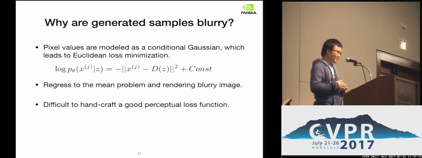Also, this Euclidean loss has non-ideal effects. But so far, it's difficult to handcraft a better objective function to produce sharp-looking images in this framework. But people are making progress. Maybe a few months later, we will see very sharp VAE images.